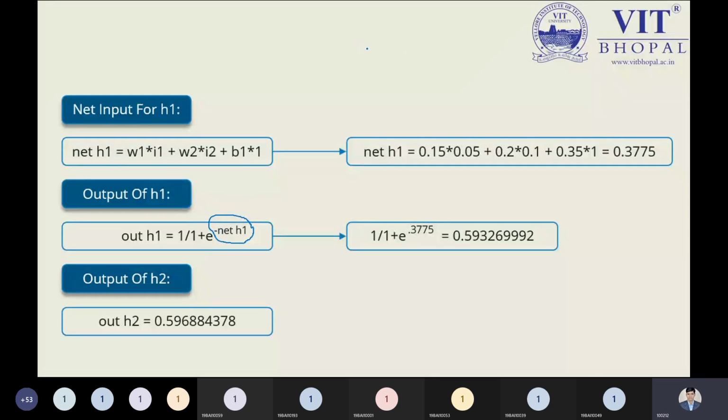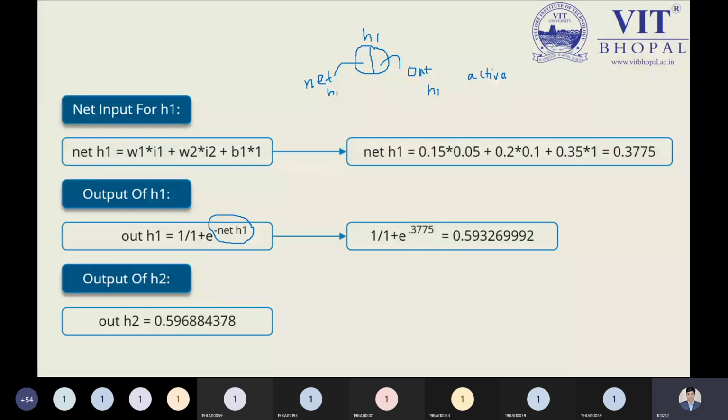If I'm designing the H1 node and dividing it, the first part will be the net value of the H1. The other part I need to calculate is the out value of the H1. So the out value H1 will be calculated by our activation function, as I told you.